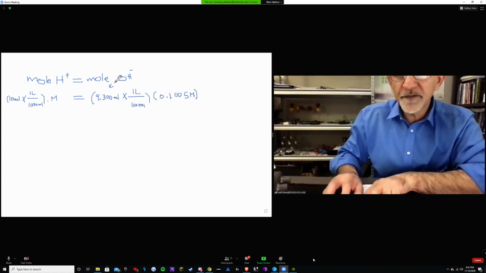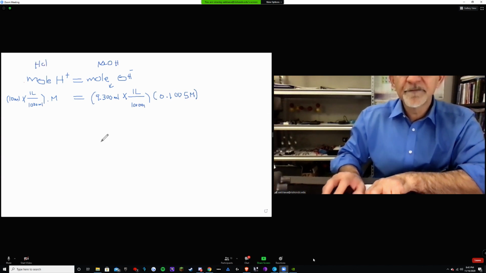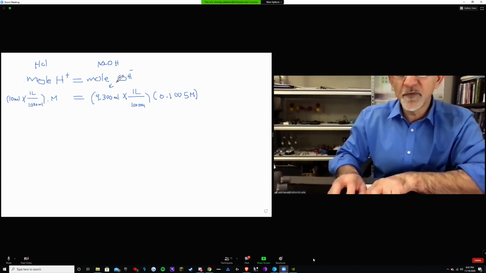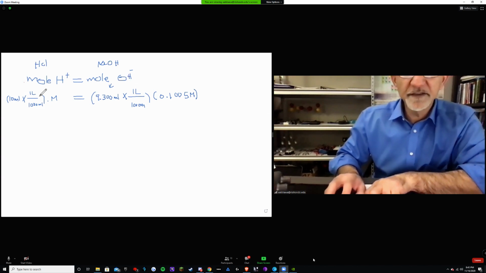That's the part for the sodium hydroxide, and that other part is the unknown hydrochloric acid. The moles of proton should equal the moles of hydroxide from that initial definition. Eventually, the only unknown that remains is the molarity of the hydrochloric acid.